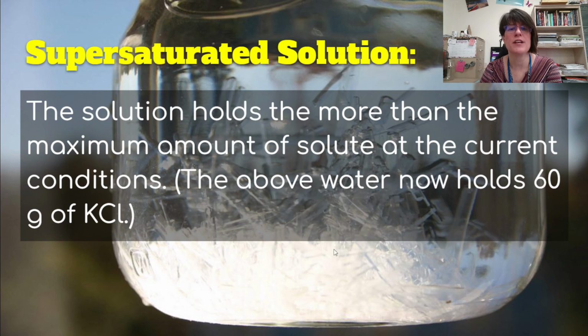Then we have supersaturated solutions, and actually this crystallization that you see in the background came from a supersaturated solution. This is where the solution holds more than the maximum amount of solute at the current conditions. So the water above holds perhaps 60 grams of KCl, or actually it held it. What happens to get a supersaturated solution is you heat it up higher than the temperature that we were looking at. I believe it was 60 degrees Celsius.